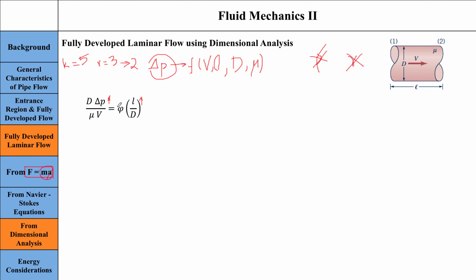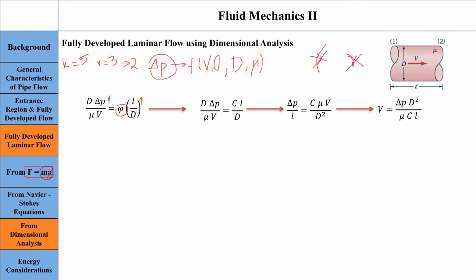And we don't know what the value for this phi term here is, so I can assume that it's just some kind of constant. Let's call it C. So I can write this equation like this. And now I can move all of these terms onto the other side so I can have the pressure drop term here, or maybe I can make it into a pressure drop per length, and that would be of this type. And I can also write this equation in terms of the average velocity across the pipe too, which would be this.